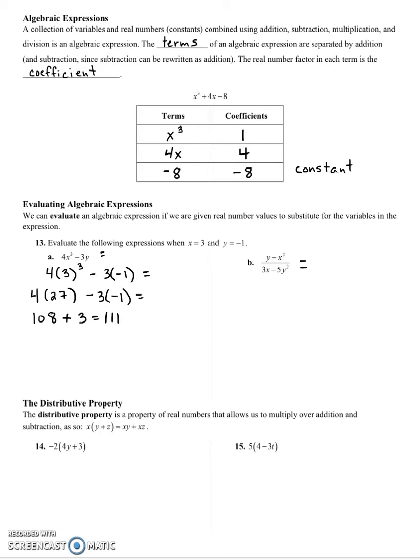So on part B, we're still plugging in the same numbers. So we have negative 1 for y minus a 3 squared divided by 3 times x is 3 minus 5 times a negative 1 squared.